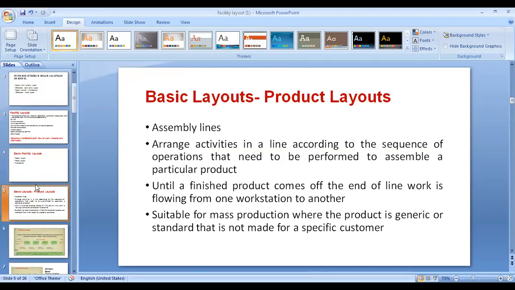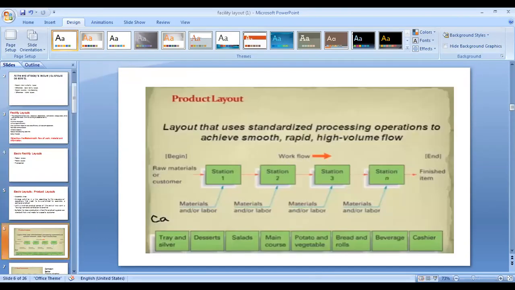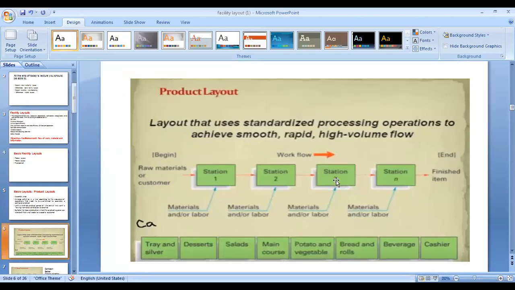Okay, now we are going to look at this graphical illustration of product layout. So here, look at what is here. It is a layout that uses standardized processing operations to achieve smooth, rapid, high volume flow. From one workstation to another, the product is flowing in a sequential manner.